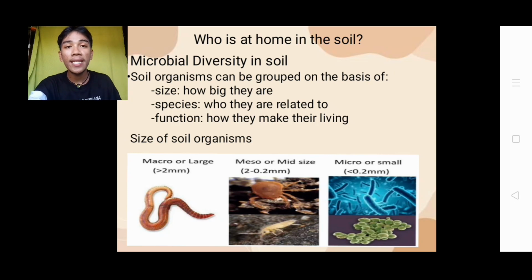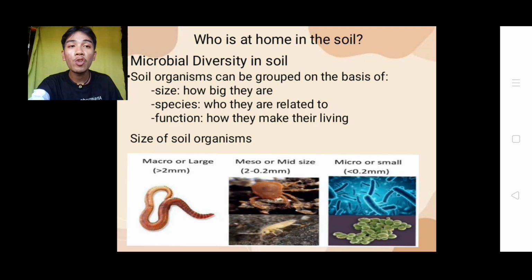So we have here the size of soil organisms. When we say macro or large, it is greater than 2 millimeters. Oh my god, I forgot, what I said earlier was less than, pala ngayon, ito yung greater than.